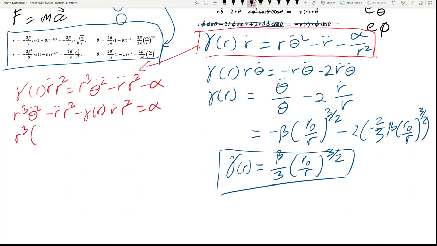The reason I keep R is because of this, it will be easier if we keep the R. You see?